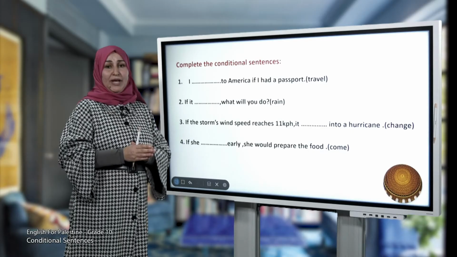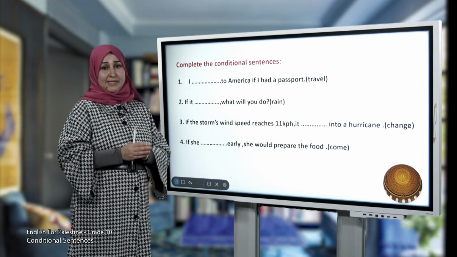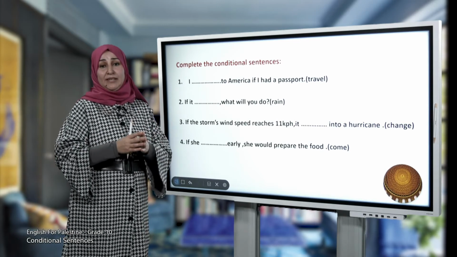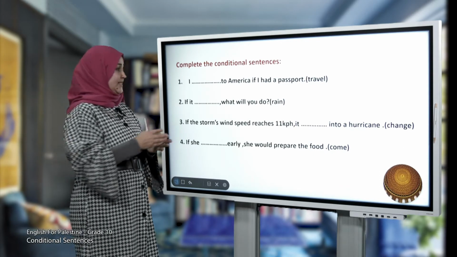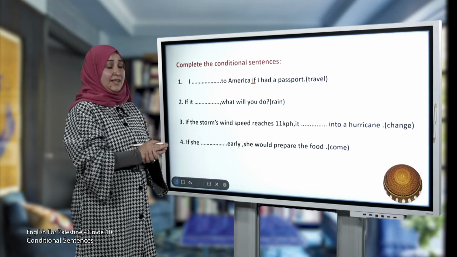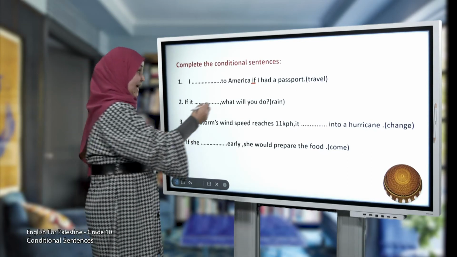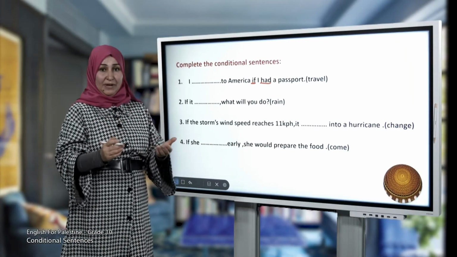First of all, you have to find out which type is this sentence. How can we find the conditional type? First, where is if? It's in the middle of the sentence. And the verb here is had. It is simple past.